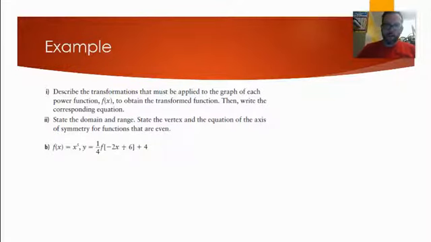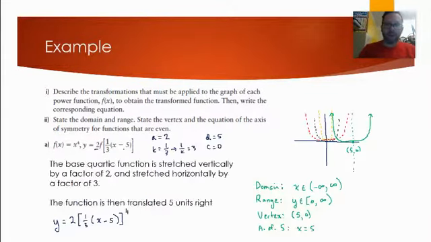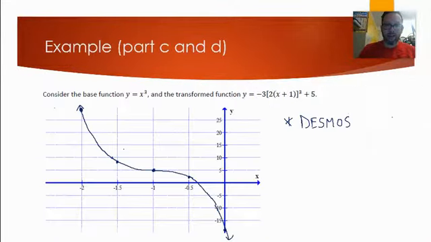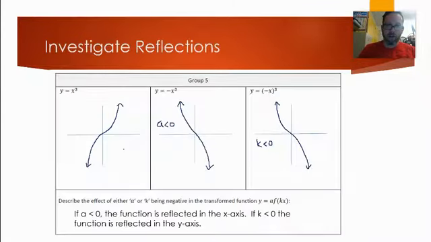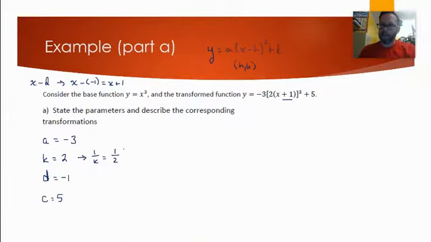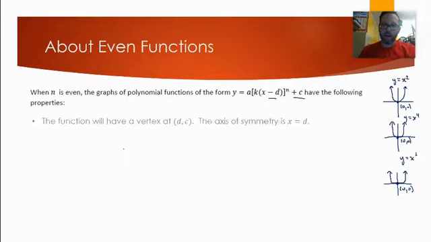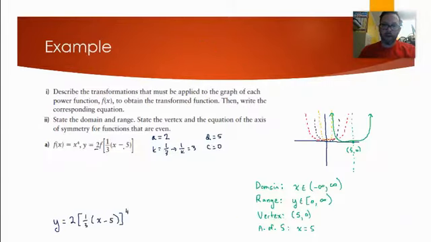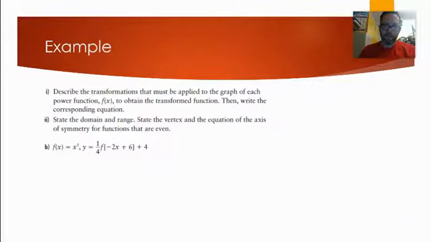This notation here does not quite look like, if I can go back to our summary, this. If you look at k times x minus d, that's factored, right? The one we are working with right now, inside the argument of the function, we have minus 2x plus 6.